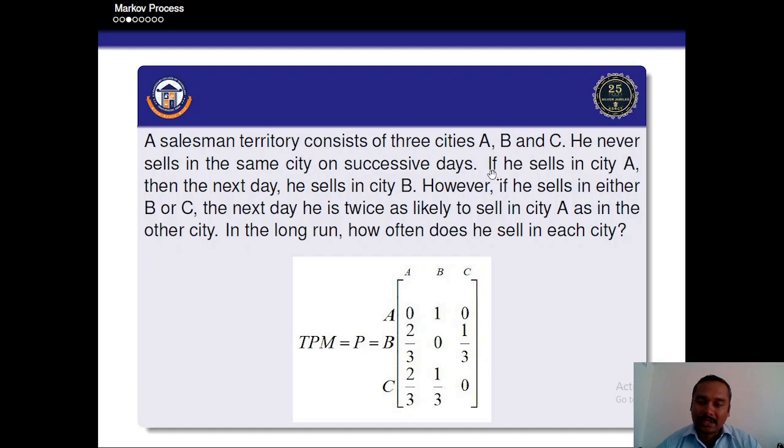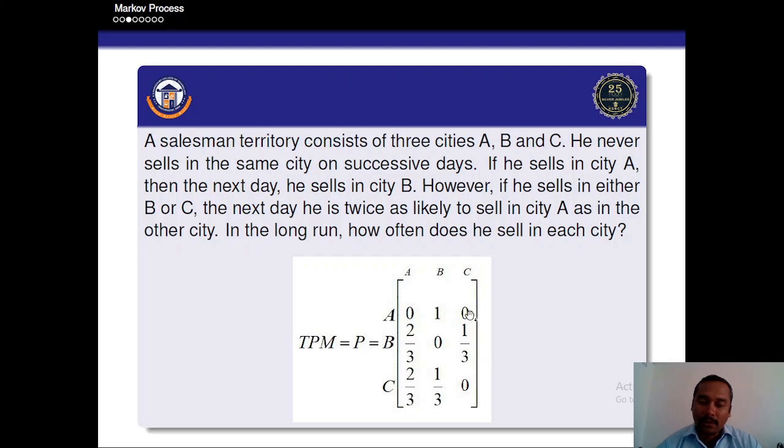Then come to the next statement. If he sells in city A, then the next day he sells in city B. Suppose on the first day of the week he sells in city A, the next day he moves to city B. He does not go to city C, so its corresponding term is 0.